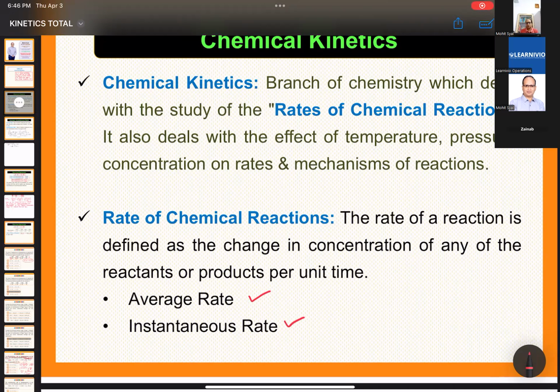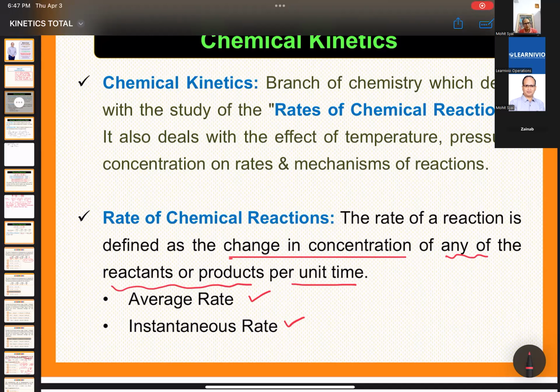To measure the rate of a chemical reaction, what do you measure actually? The change in concentration of any reactant or product which is part of the reaction per unit time.